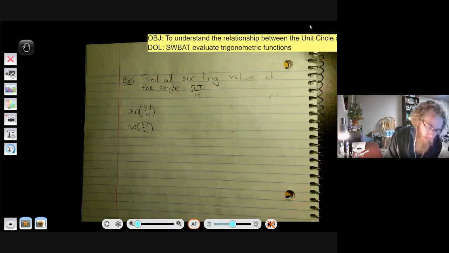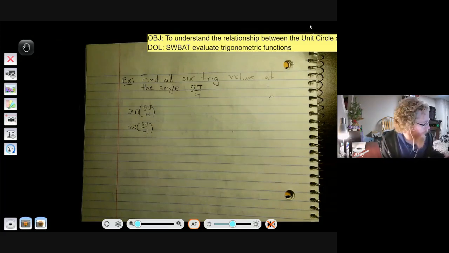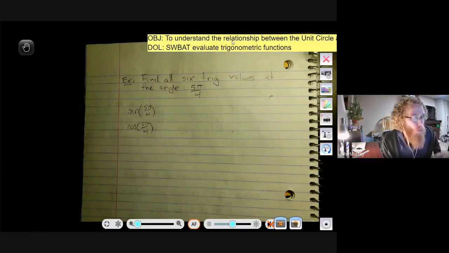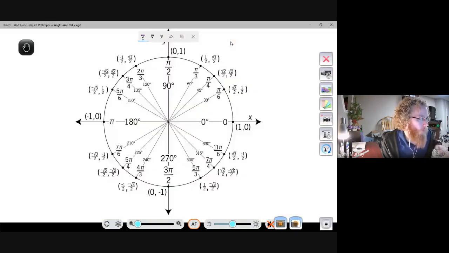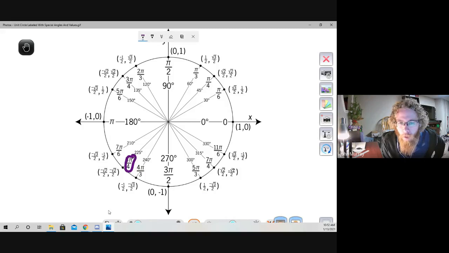For now, like I said, you have the unit circle at your disposal. So you would reference that, and you would find 5 pi over 4. You go around for the radians, and you see, here is 5 pi over 4. If they asked you for degrees, right here, you'd be able to give it as 225 degrees.